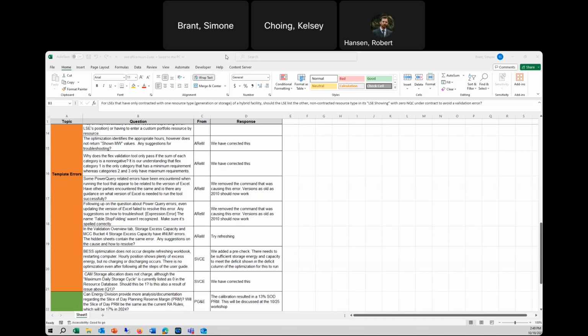It also checks whether there is enough megawatt hours energy capacity, from the maximum daily, let me get the name right, maximum daily energy capacity in megawatt hours, to match the sum of all the hourly deficits.